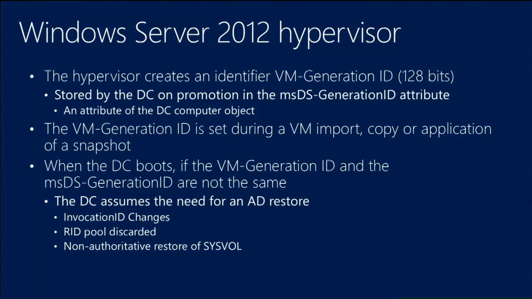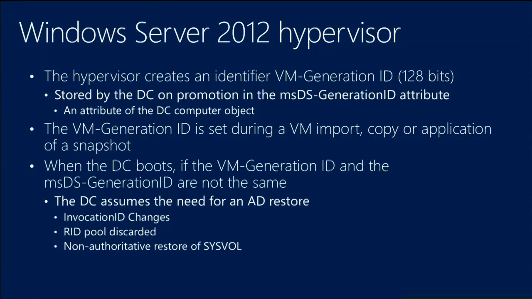So with a domain controller, on promotion, what it does is it grabs the VM generation ID GUID, right? And it's constantly asking, is the GUID that's being exposed through the ACPI BIOS the same as the one that I've stored in the directory? And if it ever detects it's not, it says, a snapshot must have been applied, or the VM's been recreated.